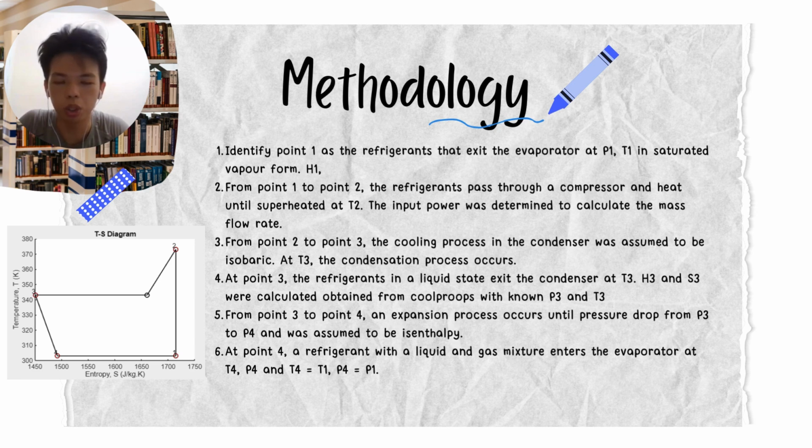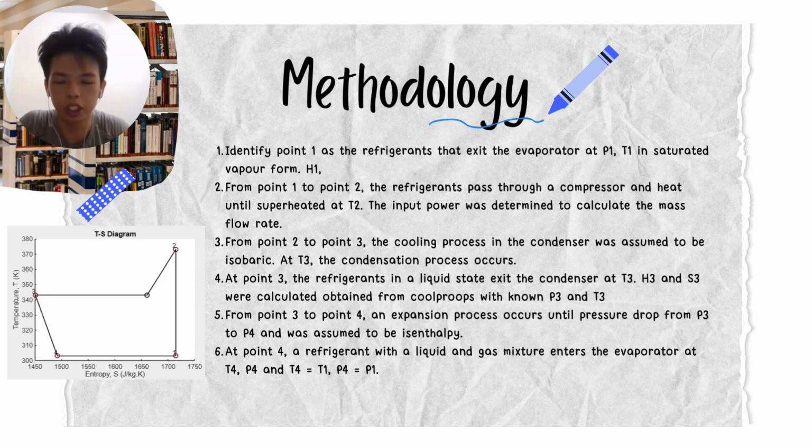From point 1 to point 2 is an isentropic compression process where the refrigerant in vapor form passes through a compressor, and the compressor exerts work on it and heats it until T2. T2, which is the temperature at point 2, is a superheated temperature.